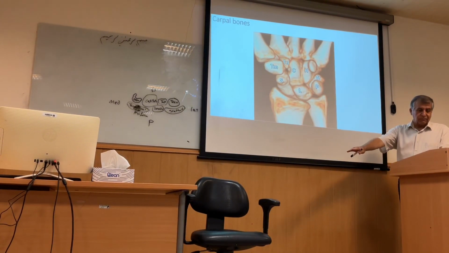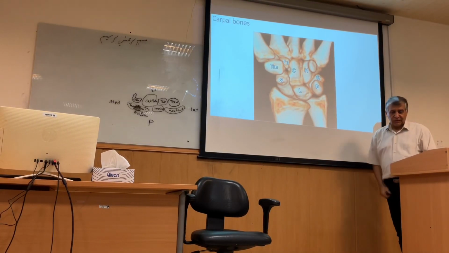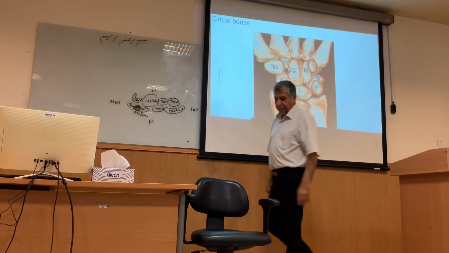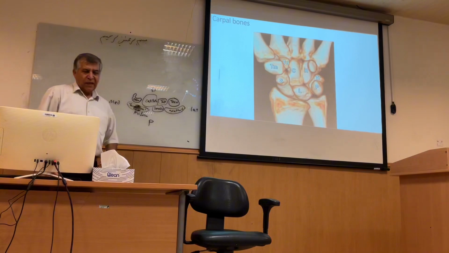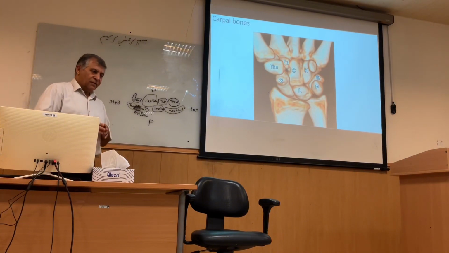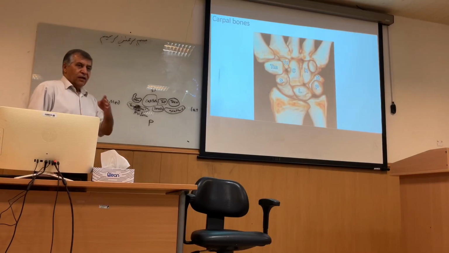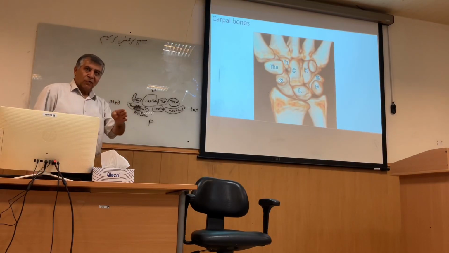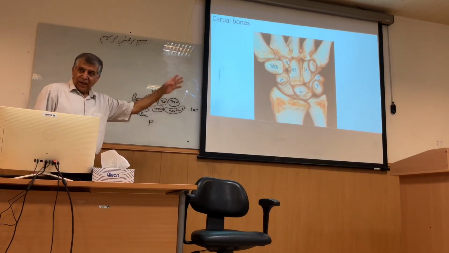Children and sportsmen are classified into different groups. Okay? 8 to 12, 12 to 15, 15 to 18.